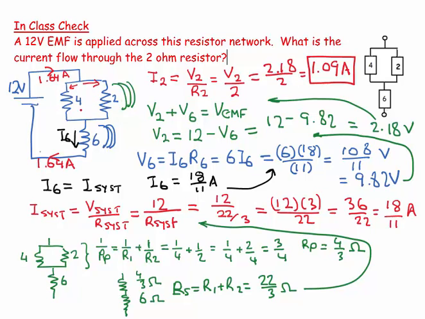So the ratio of the currents is basically, well, 4 and 2 make 6. Divide it into 6 bits, and 4/6 go through the 2 ohms, because that's the small resistor, so it gets the big current, and 2/6 go through the 4 ohms.